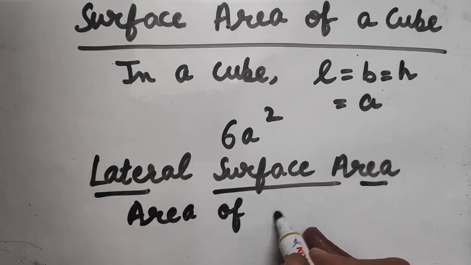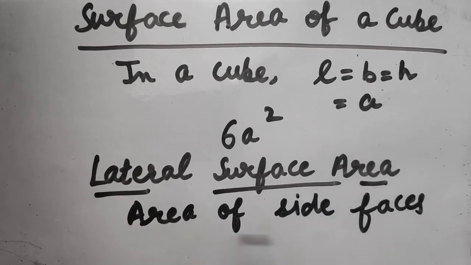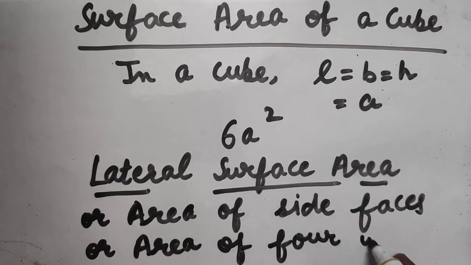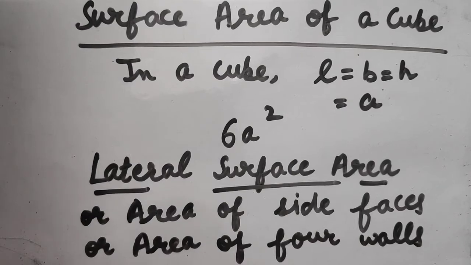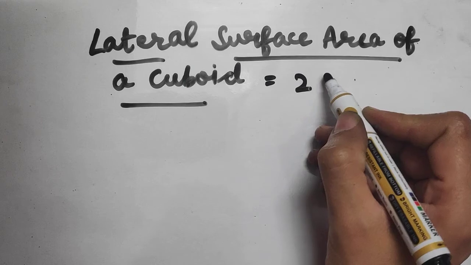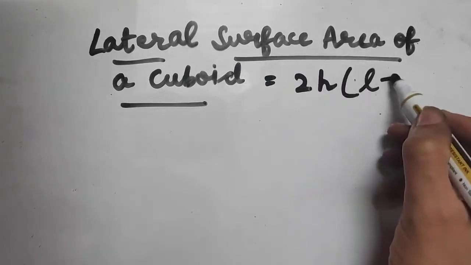Lateral surface area is also known as area of 4 walls. So lateral surface area of a cuboid is given by 2H bracket L plus B.